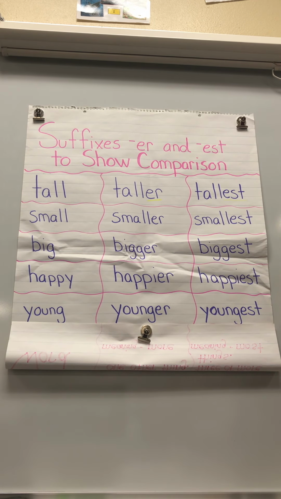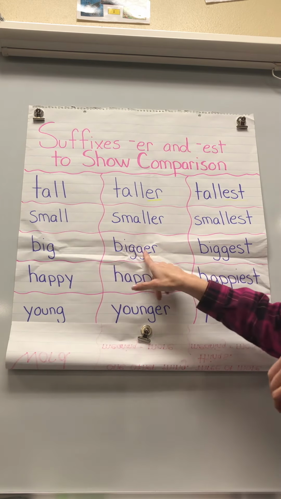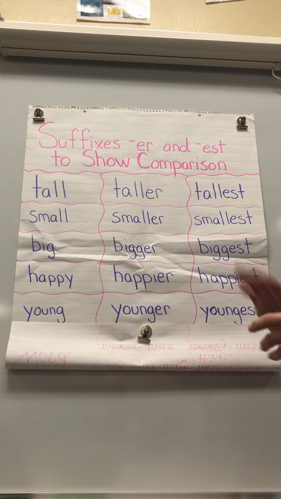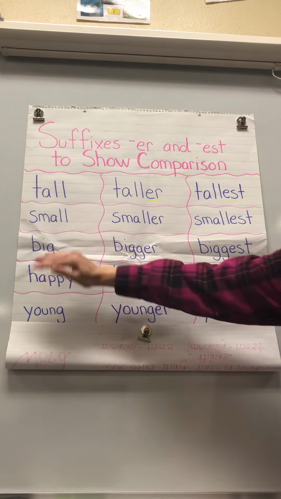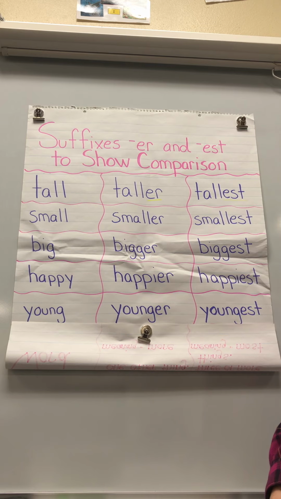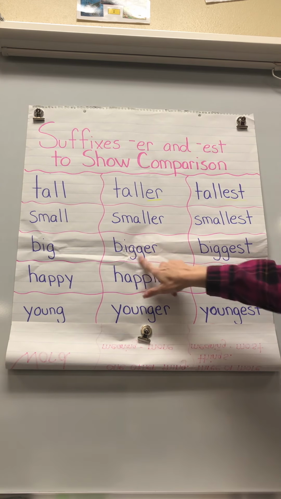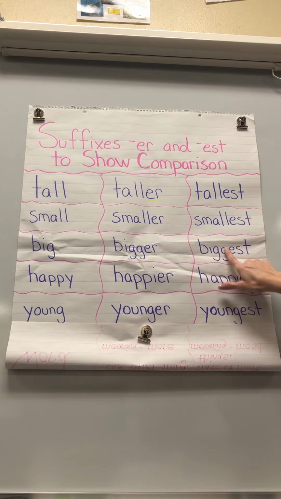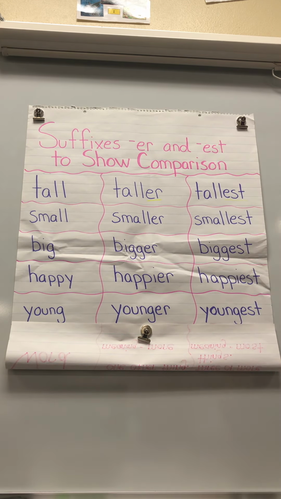All right. Let's look at one more example. So we're going to look at the words big, bigger, and biggest. What do you notice about those? We know that big is our base word. You might notice we have two consonants here and two consonants here. The spelling changes.